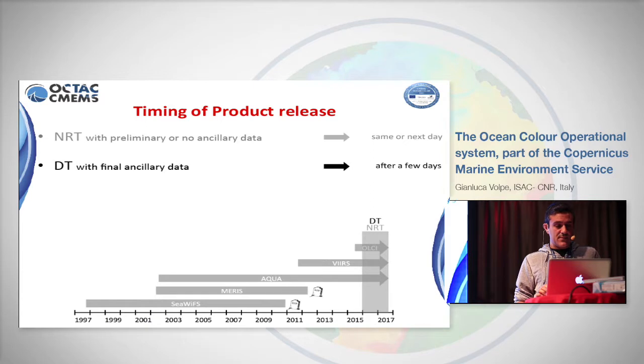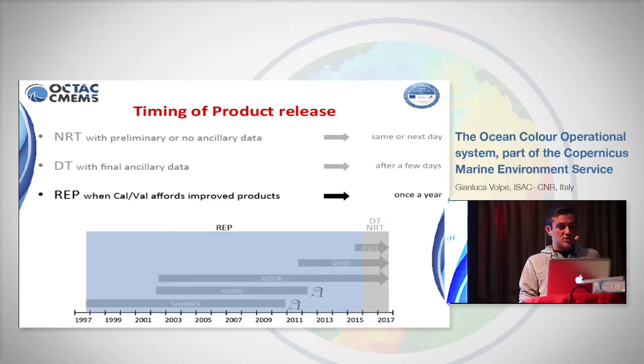The delayed time data are processed with the final ancillary data after a few days, as soon as they are made available from space agencies. They both cover, let's say, the past 2 years, generally.